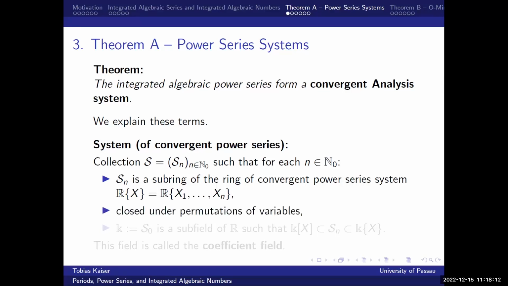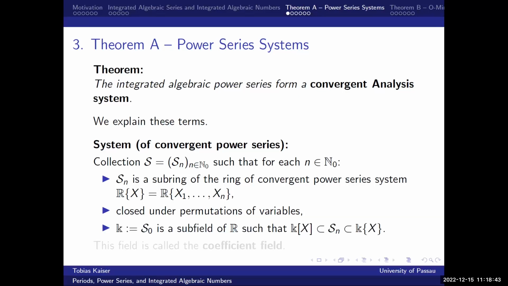The next is more or less for convenience: my rings Sn are closed under permuting variables. That's not really a problem because, for example, algebraic power series have these properties. So all the natural classes have these properties. And for notation reasons, it makes life easier because I can always express with respect to the last variable.